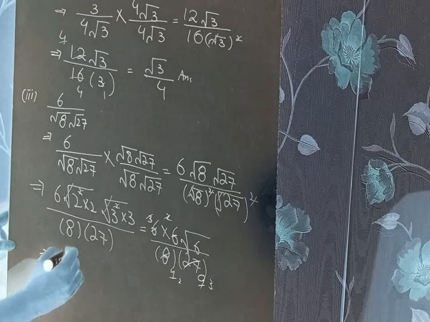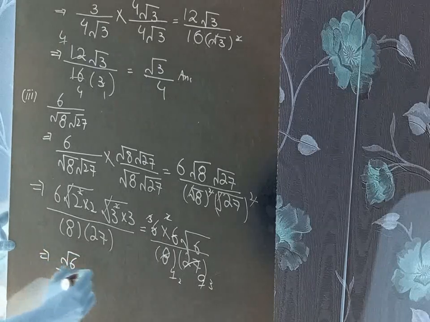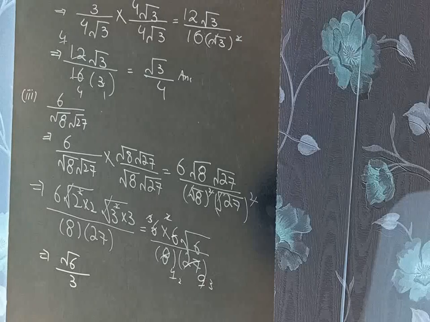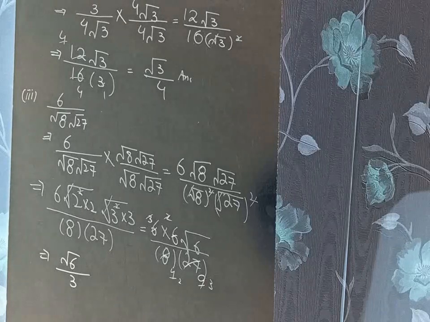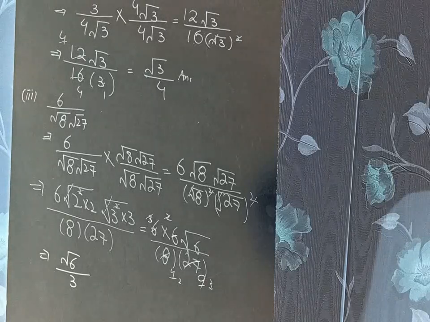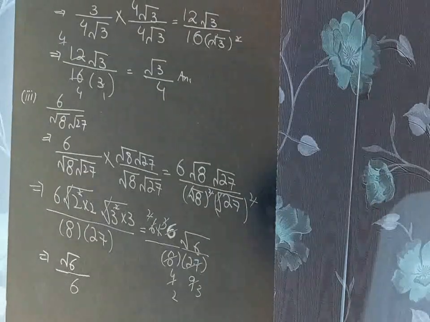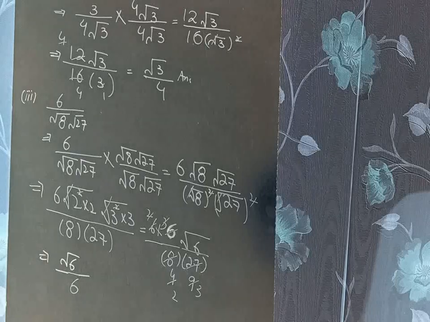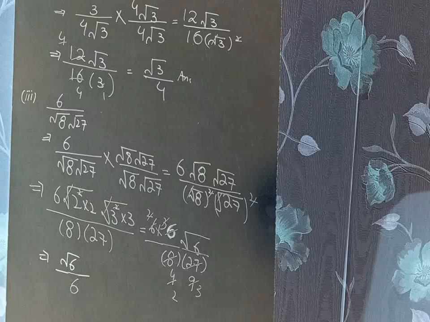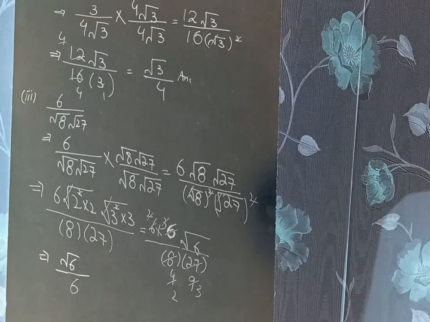Now this is under root 6 over 3. In the denominator, now there is no surd. This has been rationalized. After doing the cancellation, we got under root 6 over 6. Now you can see in the denominator there is no surd.